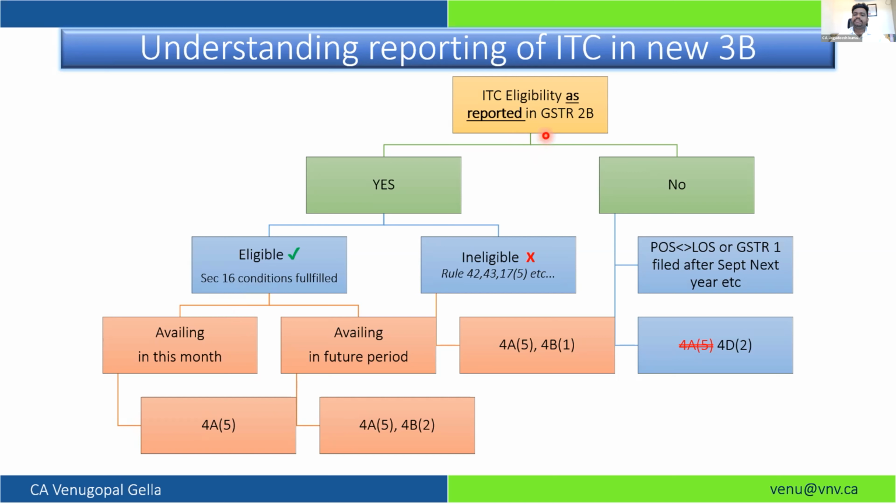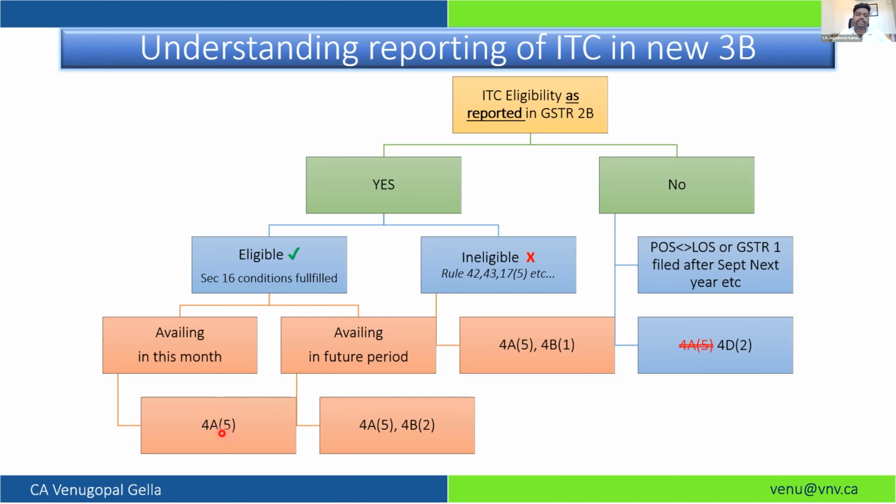If my ITC in GSTR 2B is marked ineligible, it will directly go to table 4D2, that is ineligible ITC. These cases we already discussed: having different place of supply and limitation of time period under section 16 subsection 4. If my ITC is eligible and I fulfill all the conditions, I am eligible to take the credit in that period, then I will not alter the auto-populated figure in table 4A5.